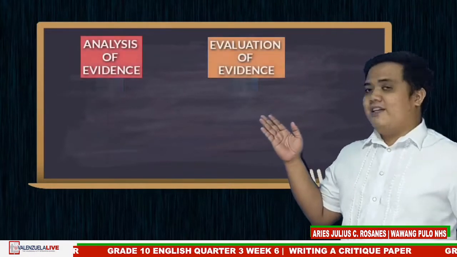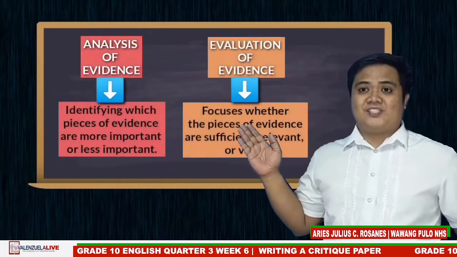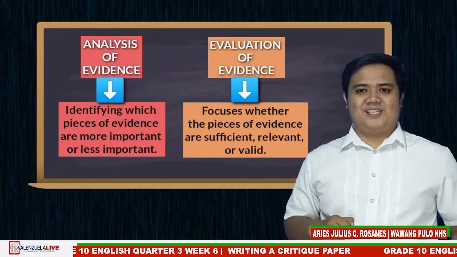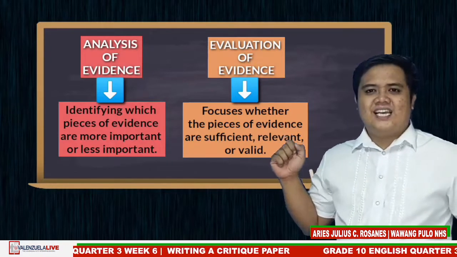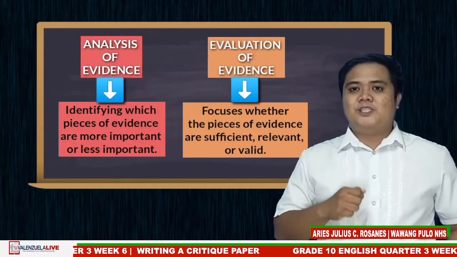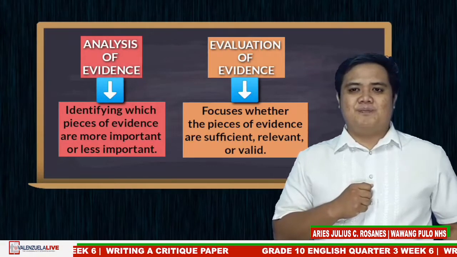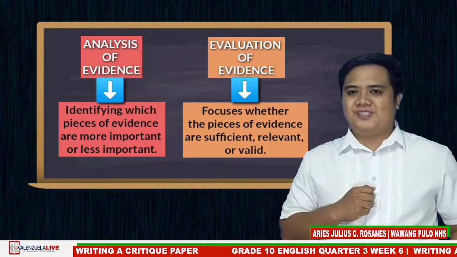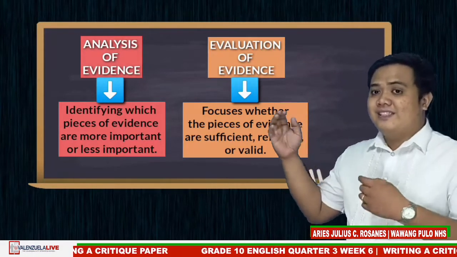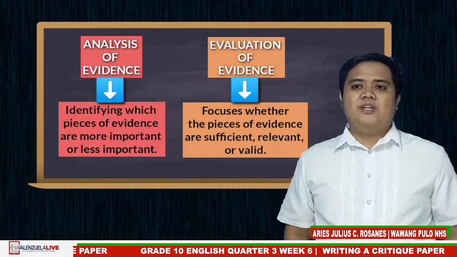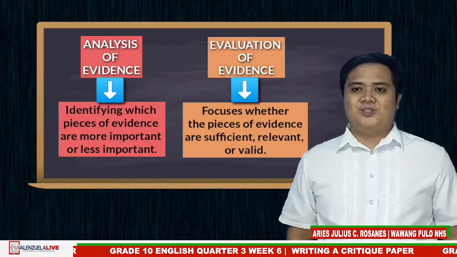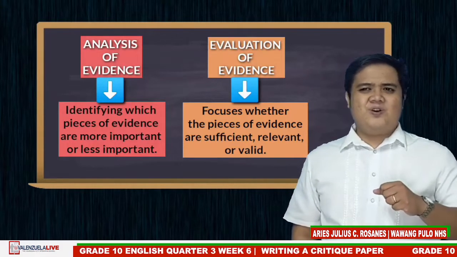Let us look at this graphic organizer that shows the difference between the two. Analysis of evidence involves identifying which pieces of evidence are more important or less important, while evaluation of evidence focuses on whether the pieces of evidence are sufficient, relevant, or valid.